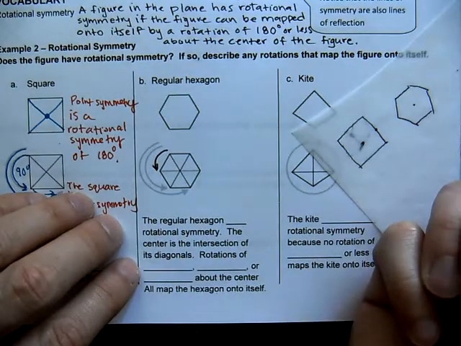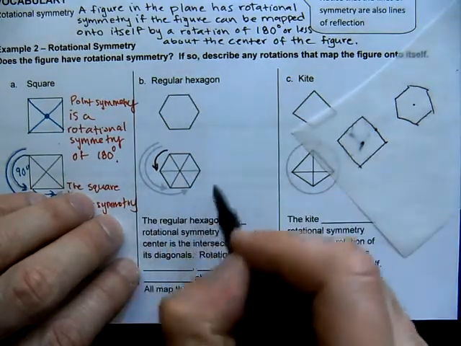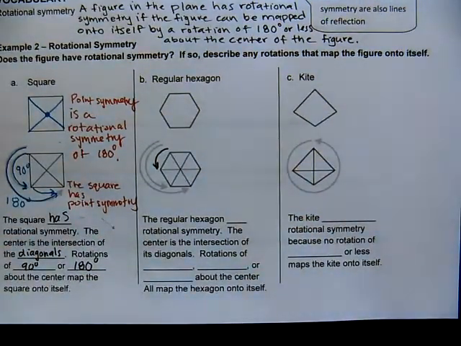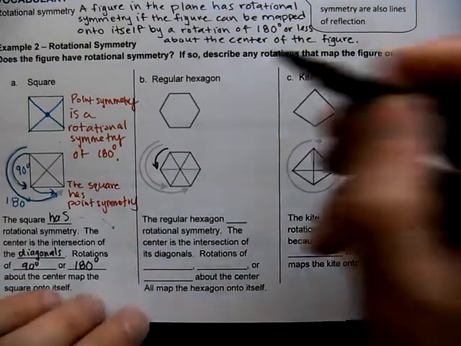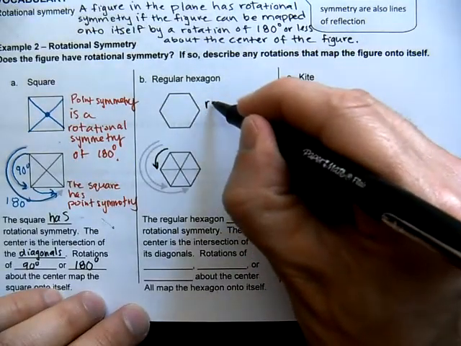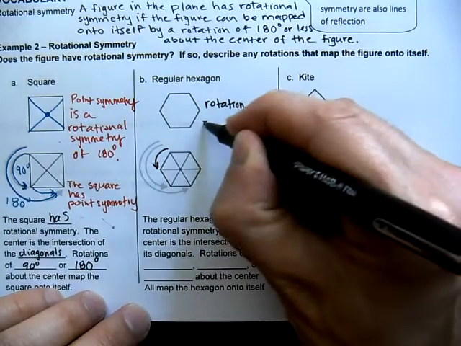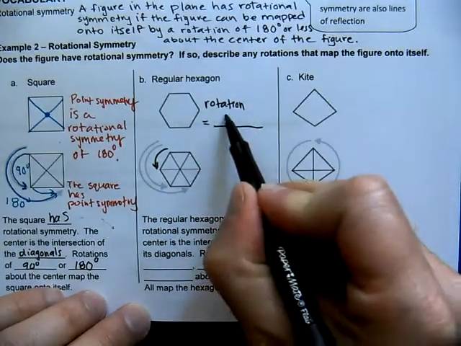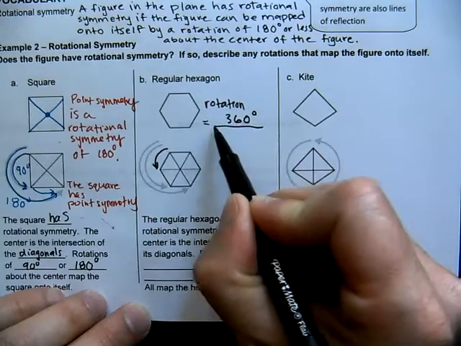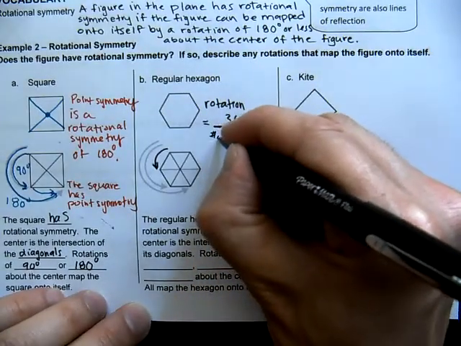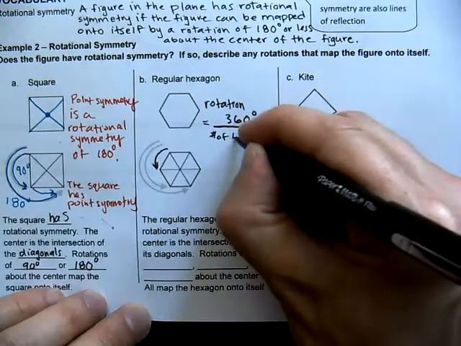So we need a way to calculate that for shapes that are a little less common. And so here's our formula that we're going to be using. To calculate the rotation, we are going to take 360 degrees and divide it by the number of lines of symmetry.